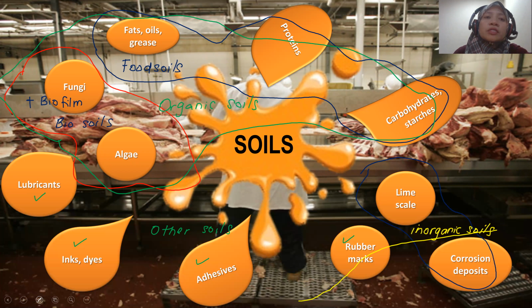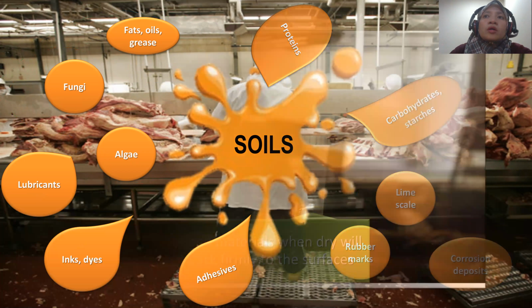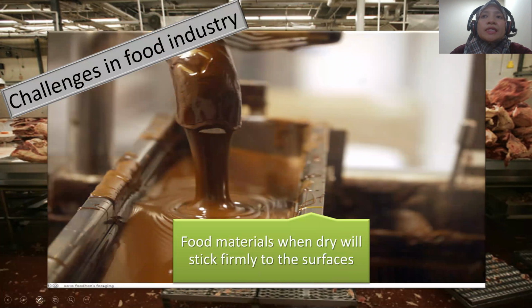it is the salts that form during food processing. Most of food product contains ingredients that will stick firmly to the equipment surfaces when it dries. For instance, this melting chocolate, which has fat, sugar, and milk, and of course cocoa. Okay, when it melts, when milk chocolate dry, it will make the cleaning process more difficult.